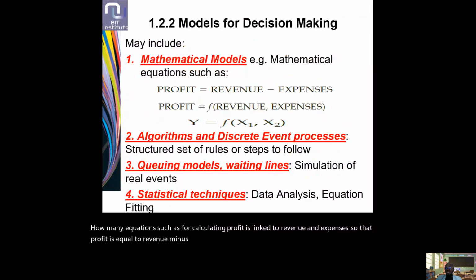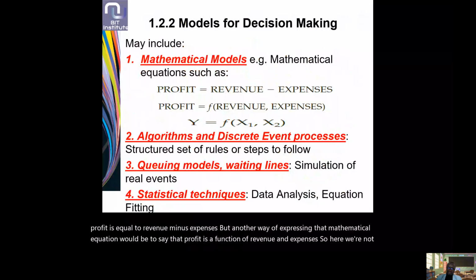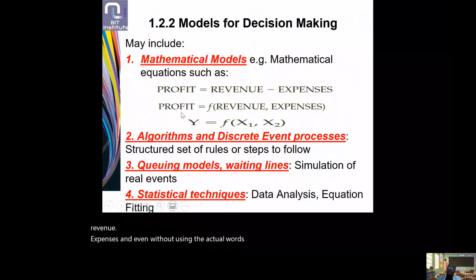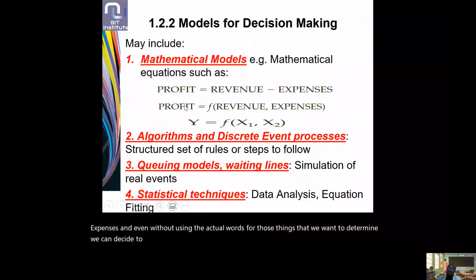But another way of expressing that mathematical equation would be to say that profit is a function of revenue and expenses. So here we are not including the relationship, but we are just recognizing that there's a functional relationship between revenues and expenses. And even without using the actual words for those things that we want to determine, we can decide to use letters to represent those terminologies.